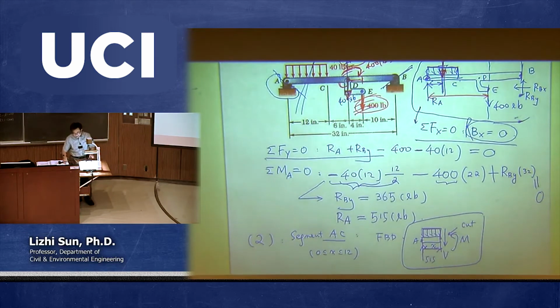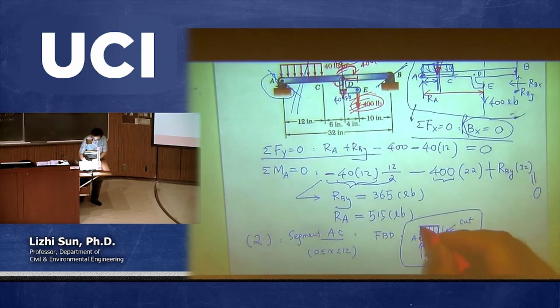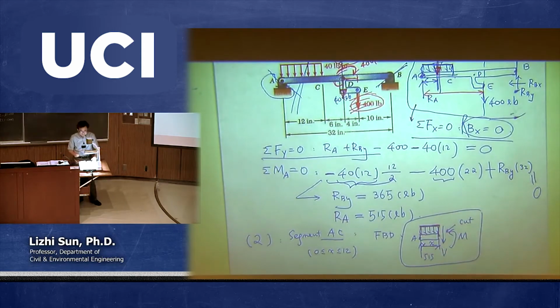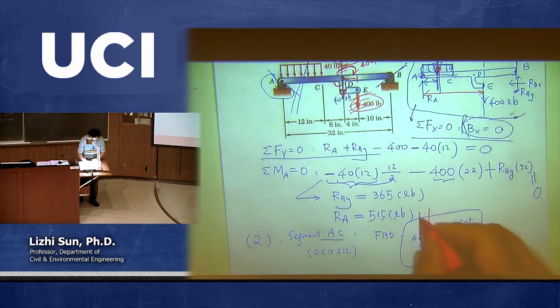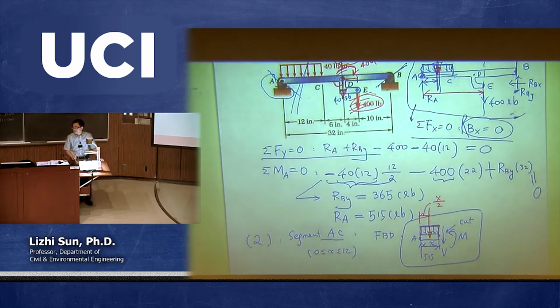Every time, we can make an equivalent concentrated load to replace the uniform distributed load. This virtual concentrated load is acting at the local half center, so that means half X.